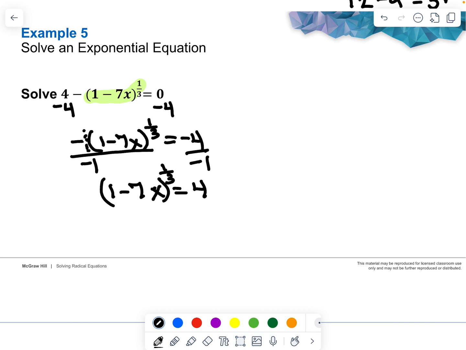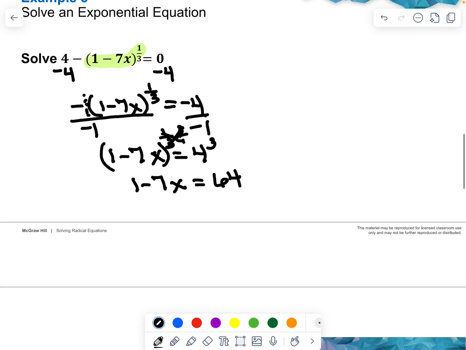We can raise both sides to the reciprocal of 1 over 3, which is 3 over 1, or just 3. This cancels. 1 minus 7x equals 4 to the third power is 64. So now we need to subtract 1. And divide by negative 7.